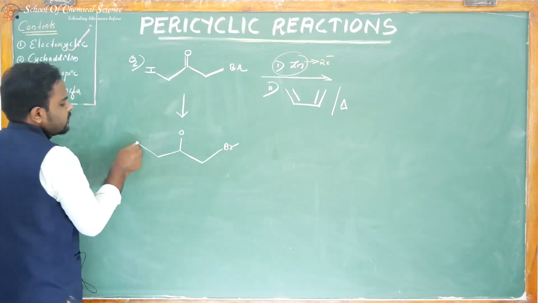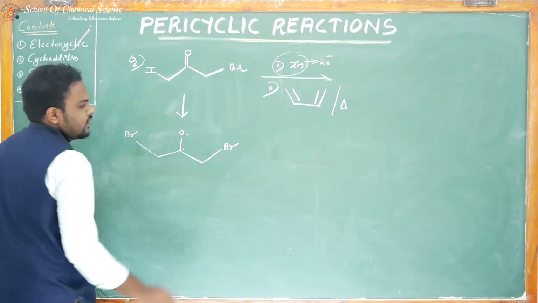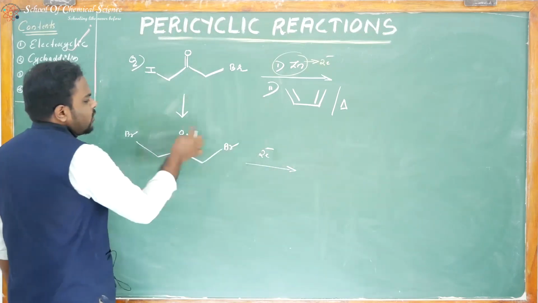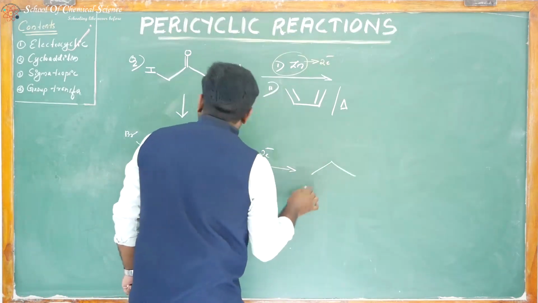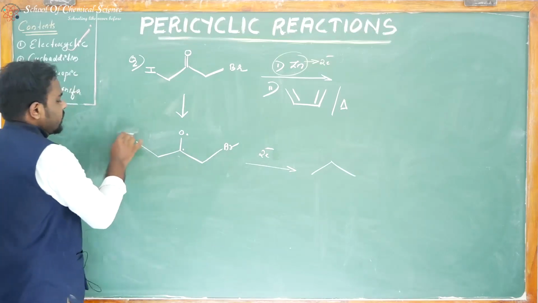Br, here a radical, here a radical. Then in the next step, the 2 electrons from zinc, 1 electron to oxygen and 1 electron to this carbon. So in the next step, here not bromine, here iodine.